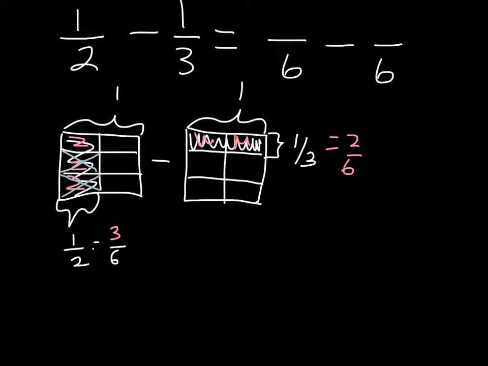So we started with 3/6 and we subtracted 2/6, and now we've got 1/6 left. So up above we're going to write 3/6, and we took away 2/6 because that's equivalent to 1/3, and what we have left is 1/6. Just this one part right here is left over.